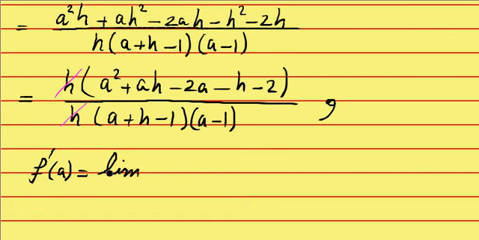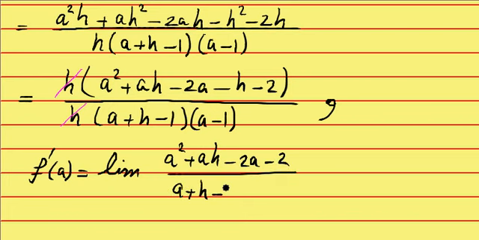f prime of a is equal to the limit of this one, (a squared plus ah minus 2a minus 2) over (a plus h minus 1) times (a minus 1), h going to 0. So we saved on writing this thing about a dozen times all over here.